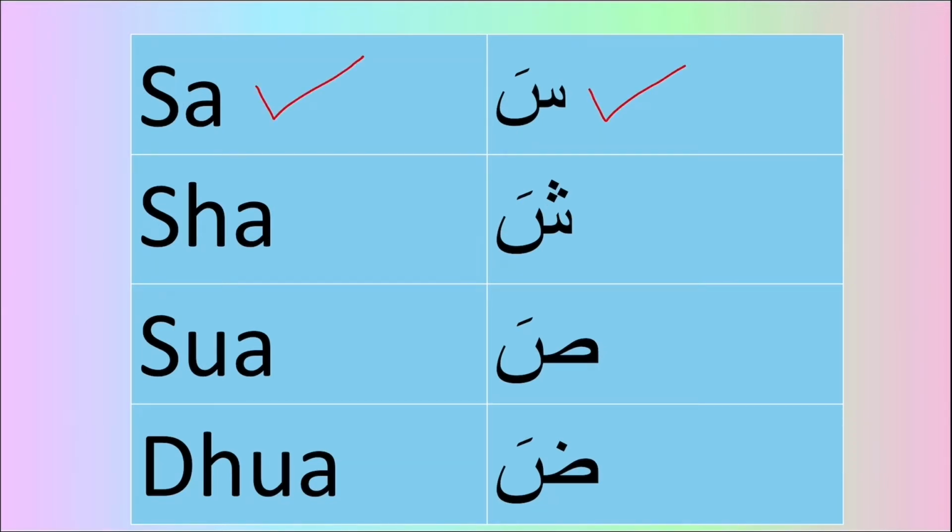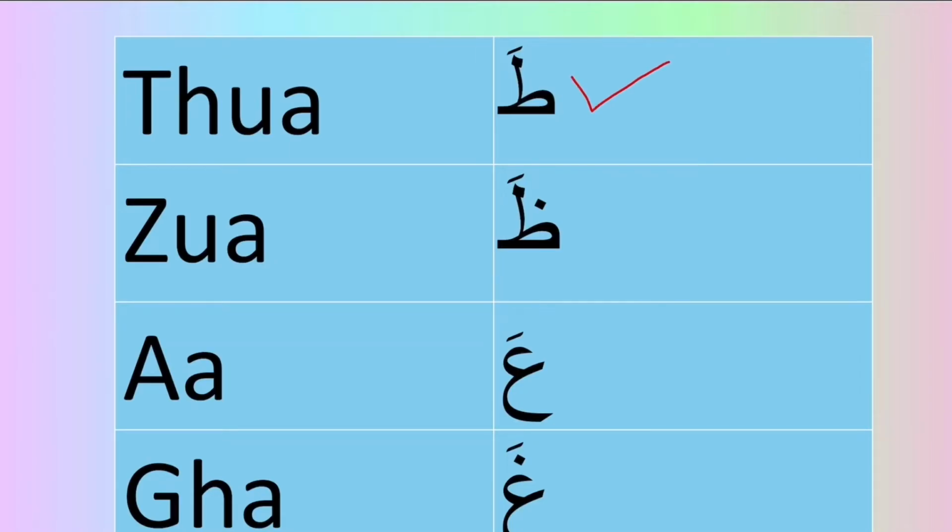Sheen fatha sha. If I add fatha to sod, it becomes saw. If I add fatha to dod, it becomes daw. Add fatha to taw, it becomes taw. And zaw fatha zaw. Ain fatha a.